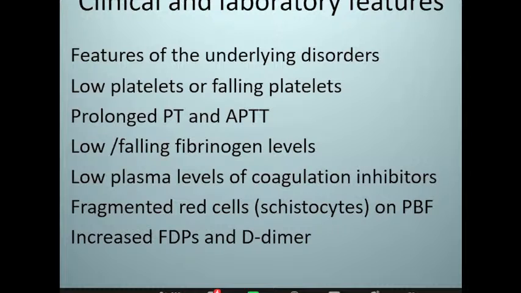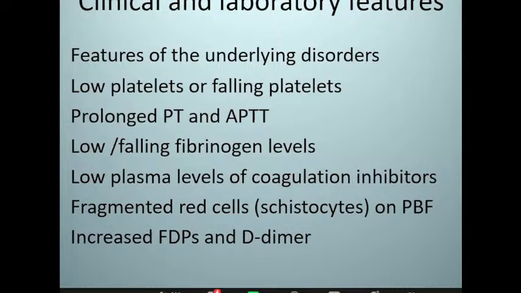Because the coagulation factors are being depleted, the coagulation parameters, in terms of the prothrombin time and the activated partial thromboplastin time, will be prolonged. Fibrinogen levels are also reduced because fibrinogen is also being consumed. And the inhibitors are also reduced in plasma.